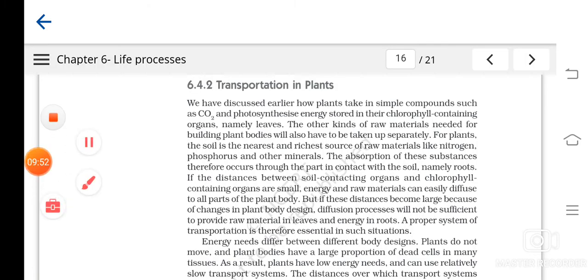Okay, so during this transport of food, the food will be prepared in leaves, isn't it? And it will be loaded to the phloem which is near to the leaves. First, the food which is prepared will be loaded to the phloem of the leaves. And for this process, what is needed? Energy is needed. Okay, ATPs are needed.